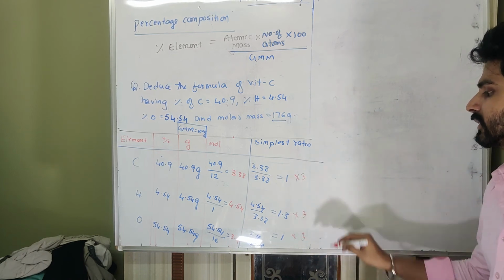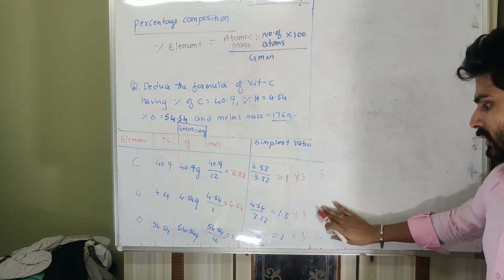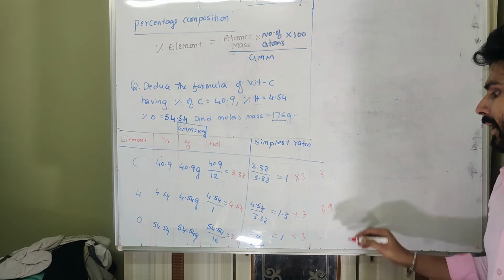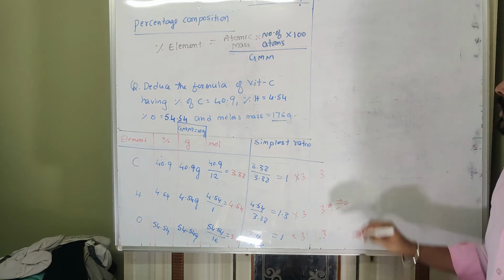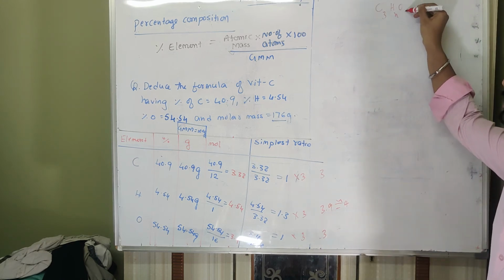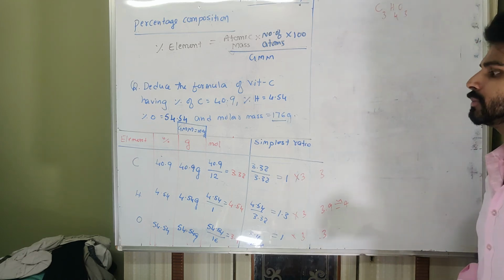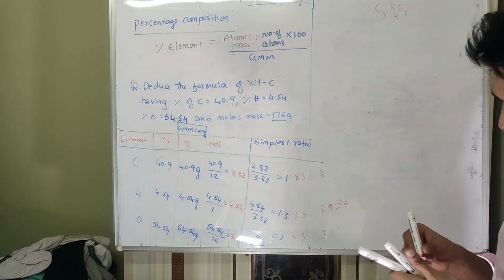When I multiply with 3, this is 3, and this becomes 3.9, which is almost 4, and this becomes 3. So we got C3H4O3.